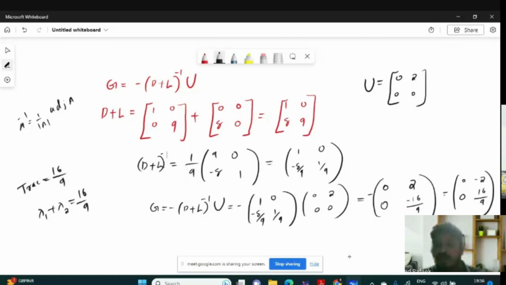And the determinant is 0, so the product should be 0. Verify the options. First option, product is 0 but addition is not 16 by 9, so option 1 is incorrect. Option 2 also incorrect. Yes, option C: the addition is 16 by 9 and the product is 0. Option C is correct.